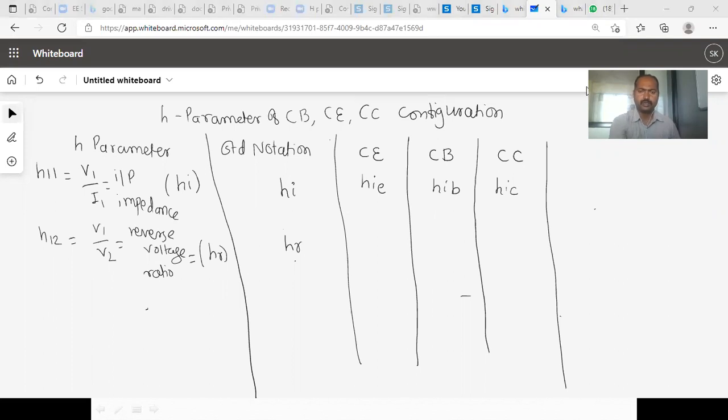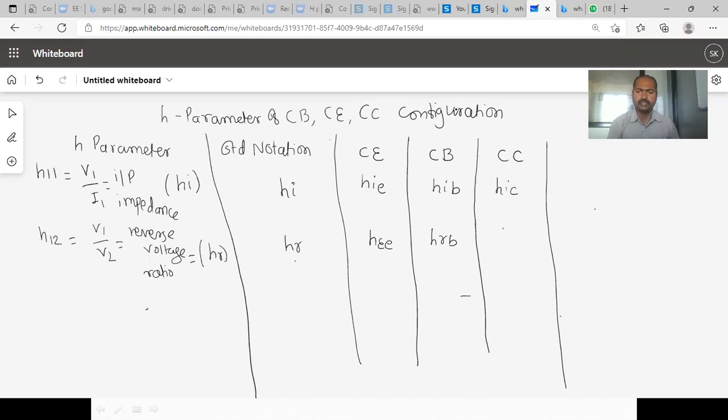HRE. Okay, right. Because the change is only in the common emitter configuration, that's why HRE here. HRB, because common base configuration.